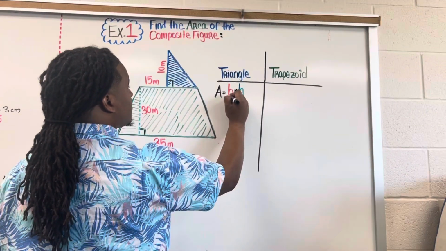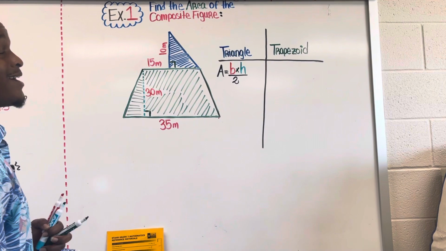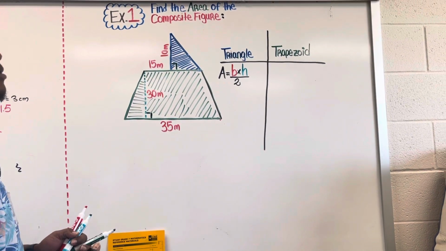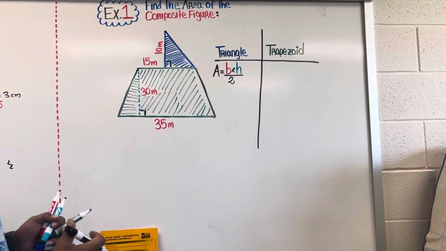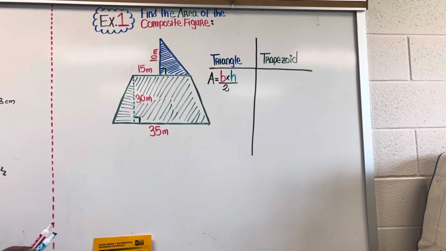The reason we divide by 2 is because a triangle is technically half of a rectangle. If you put 2 triangles that are the same size together, they will form a rectangle or a parallelogram or a square.